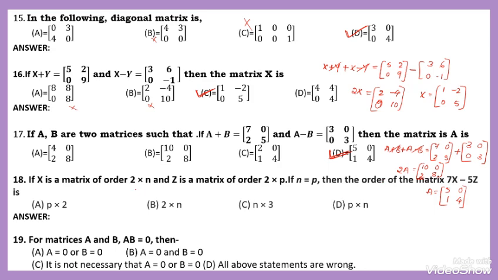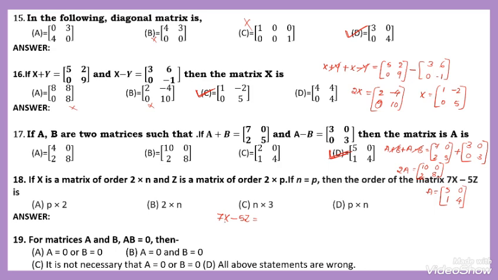Next, question number 18. If X is a matrix of order 2 cross n and Z is a matrix of order 2 cross p, if n is equal to p, then the order of the matrix 7X minus 5Z. Here, while taking the multiplication by scalar elements, this one is 7X minus 5Z.